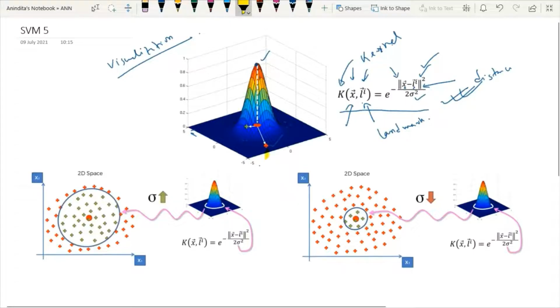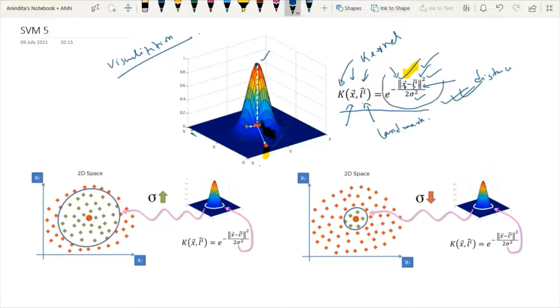Now consider this is one point, and here I am finding the distance from the landmark. This is the formula for calculating the distance. Here the plus is the point. Say it is a large distance, so when computing the distance we get a large number. And dividing it by 2 sigma square, it is also a large number.